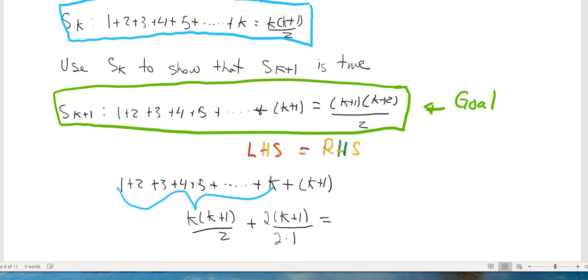Well, let's work this out. If I multiply this and put it over 2, because they both have a 2 on the bottom now, I can just write it one time. Then I can multiply this out, right? K times k is k squared. K times 1 is just k. 2 times k, 2 times 1.